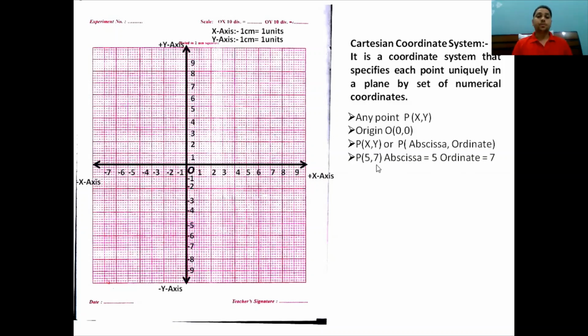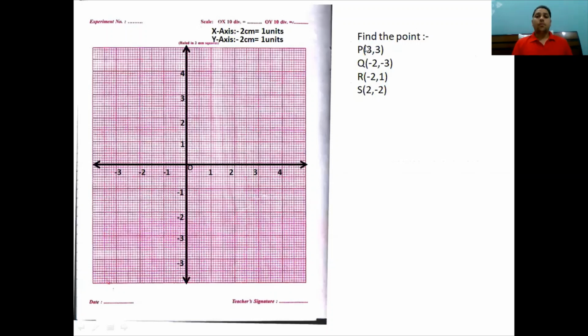Understand? Now we have to locate a few points here. First point P(3, 3). Now we have a scale factor here: on the x-axis, 2 centimeter is equal to 1 unit. Now we have taken the larger box here as 1 unit. Okay, here 2 centimeter is equal to 1 unit on each side. So we have to identify point (3, 3) in this Cartesian plane.